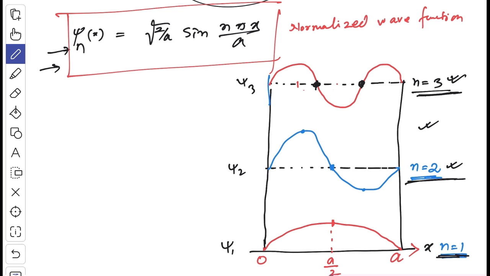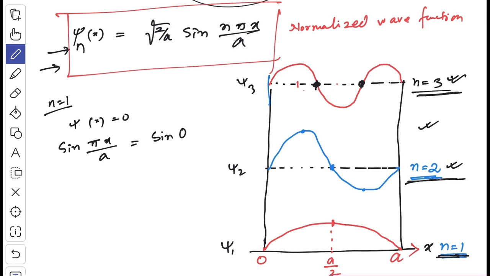So now you see, for n is equal to 1, what will be the minimum value of psi? The minimum value of psi is 0, isn't it? For that purpose we have to take sin pi x by a, here n is 1, and the minimum value is sin 0.